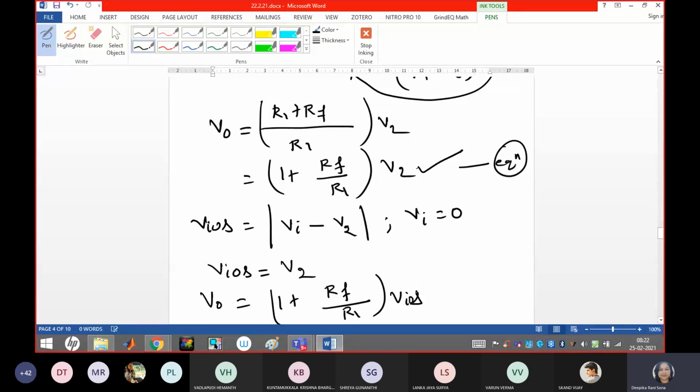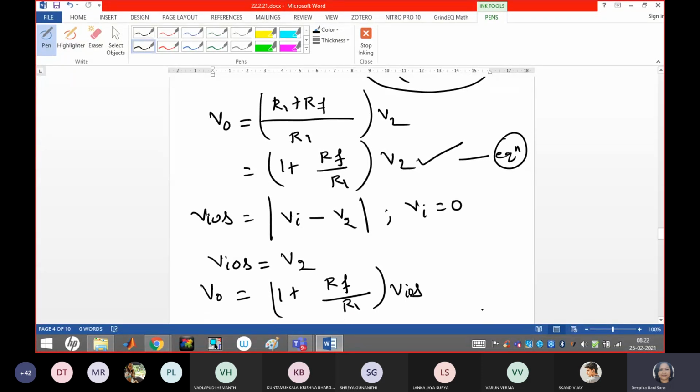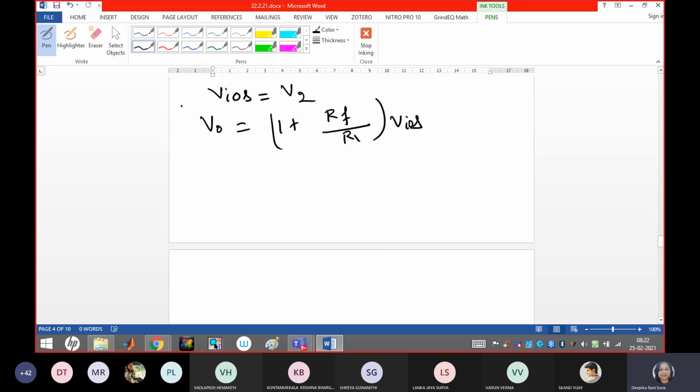Yes, in this way only I wrote that previous equation, the first equation at the output side. So here also, if any value of RF and R1 is given to you without any input, the output will produce some value.